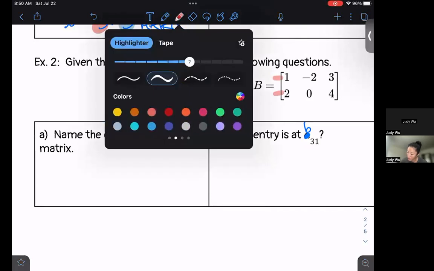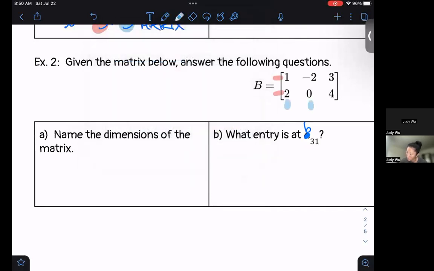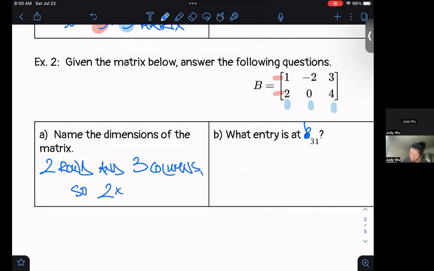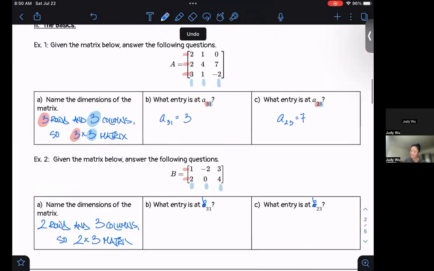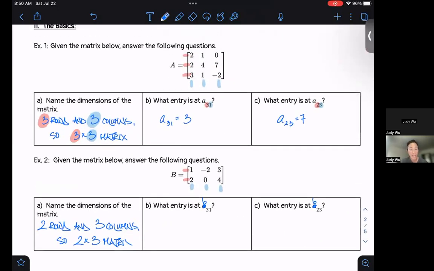And let's count how many columns we have. 1, 2, 3. So we have 2 rows and 3 columns. So we have a 2 by 3 matrix. All right. So we can see that it has a different size than matrix A because it has 1 fewer row. We only have 2 rows this time instead of 3.